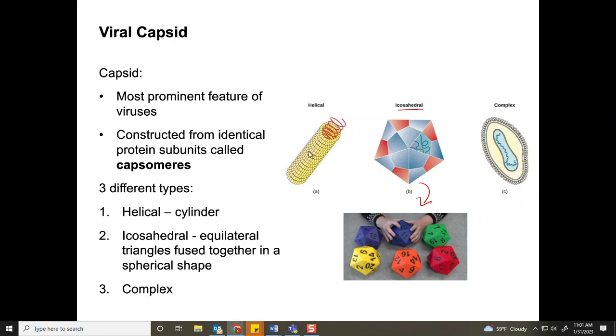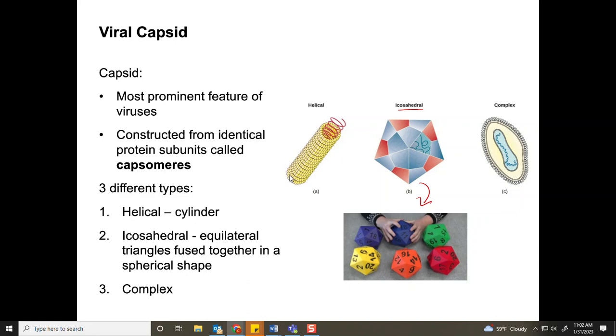And they can form three-dimensionally in three different types. The first one is icosahedral. You can imagine these dice as viruses, if you will, where each die is made up of small subunits of proteins called capsomeres. Collectively, they form a three-dimensional shape that is icosahedral.